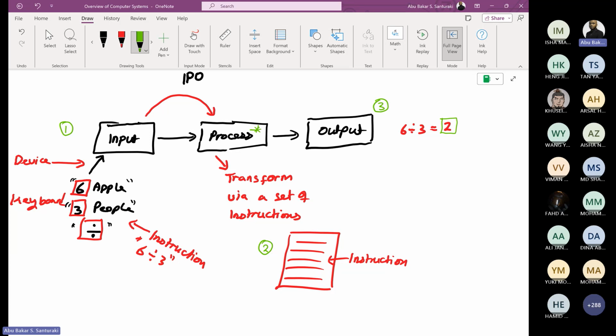So now what the computer's output device needs to do is convert this electrical signal into a form that you can understand, which means this result needs to be pumped out.